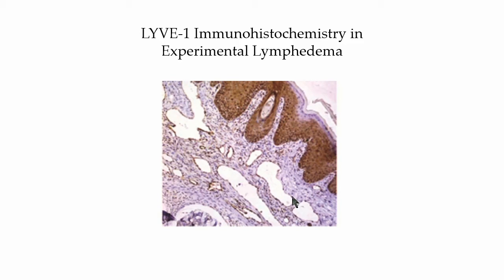You see the brown stain that surrounds the white lacune that is the lymphatic vessel itself. So this is very characteristic of human and experimental lymphedema, which is namely an increase in the size and number of dermal lymphatics when there is an obstructive lesion up above.